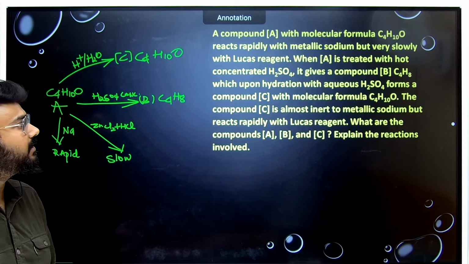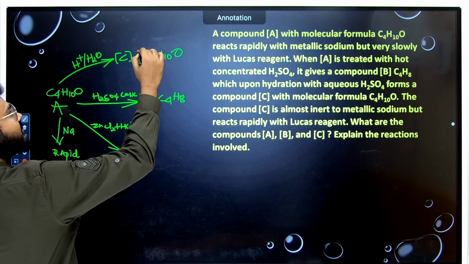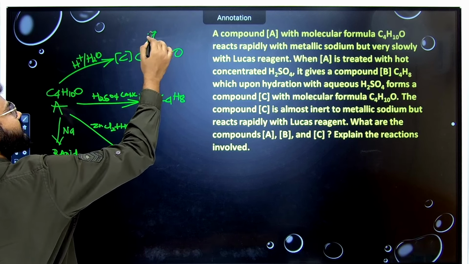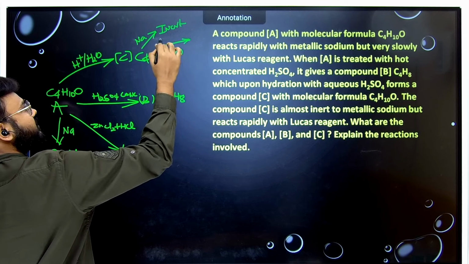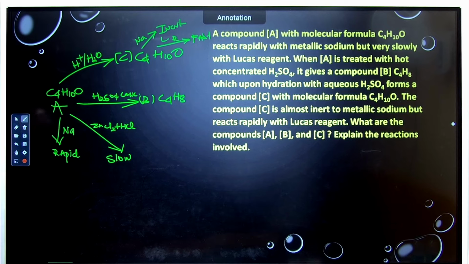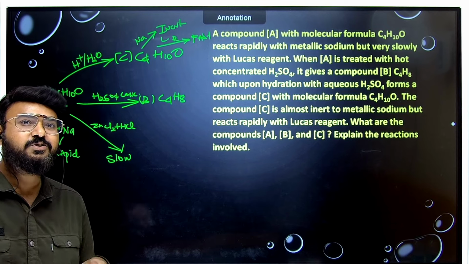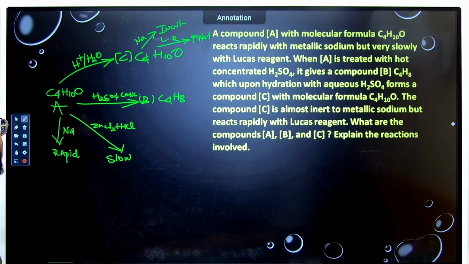Moreover, it says compound C is almost inert. Now C is totally different from A. It's just the opposite. C is inert with sodium metal and it is fast with Lucas reagent. So the question is talking about Lucas reagent, so we don't have to think much about it. What must compound A be? It must be an alcohol.